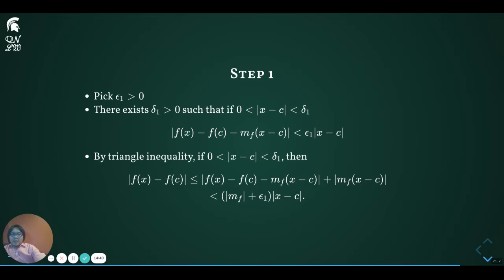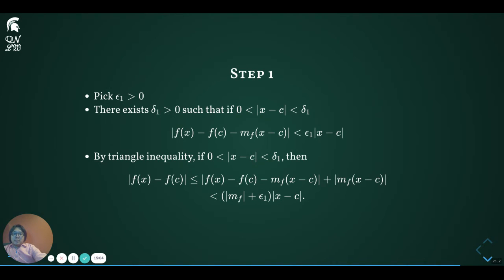Having done so, applying the triangle inequality, we see that the absolute value of f of x minus f of c is less than or equal to the difference between f of x and its linear approximation measured in absolute values plus the quantity m_f times x minus c.